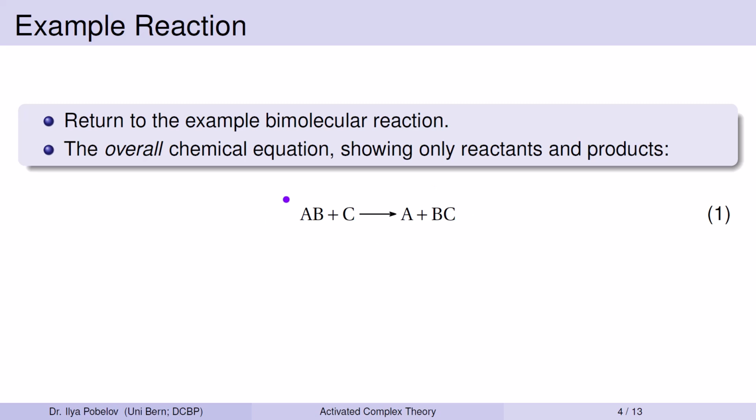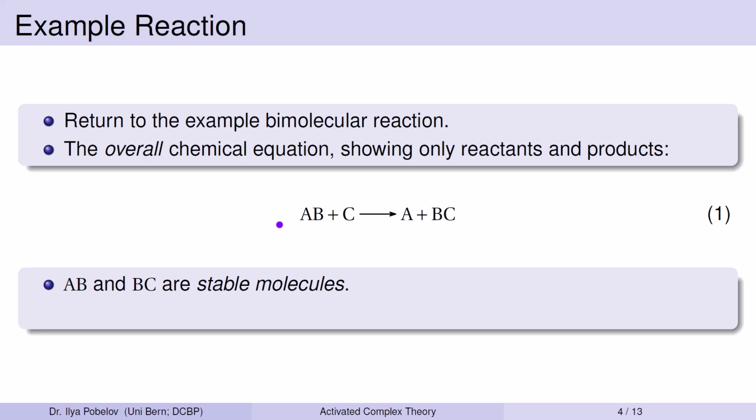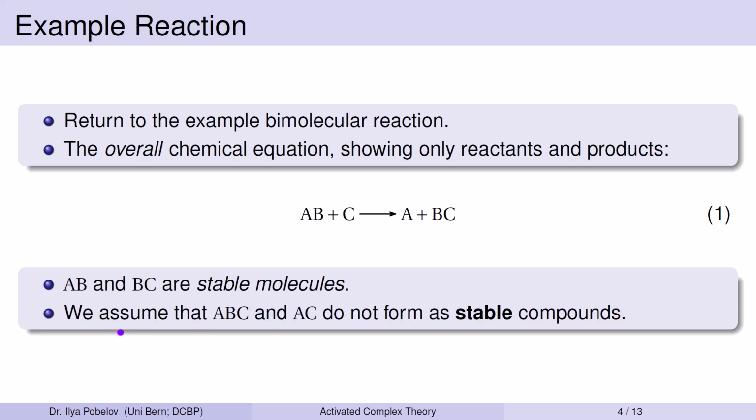Here you can see the overall chemical equation of this reaction, showing only reactants and products. Here, AB and BC are stable molecules, while we assume that the triatomic species ABC and the diatomic species AC do not form as stable compounds.